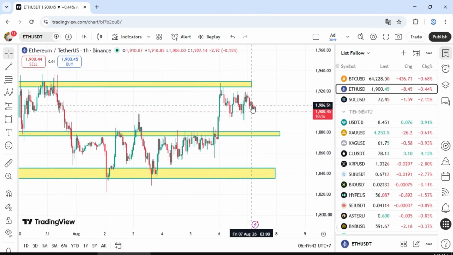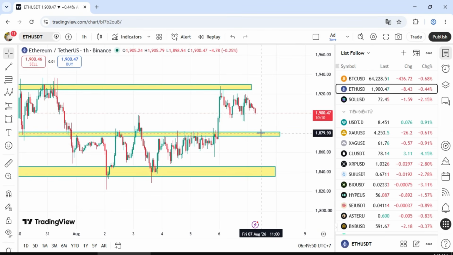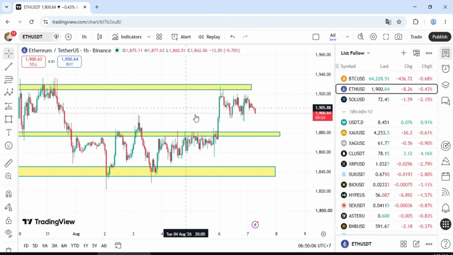Because ETH's volatility is quite strong, we need to be cautious. So this morning for ETH, I will wait for a position at the 1,878 area. If it holds well and shows a strong bullish reversal candlestick pattern, we will enter the position here and we will set our stop loss somewhere around 1,860, everyone.